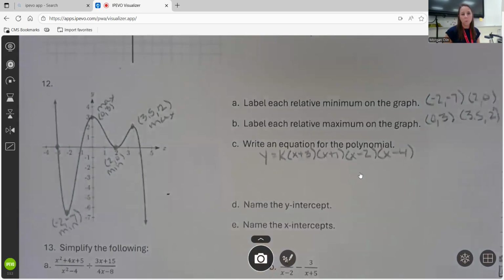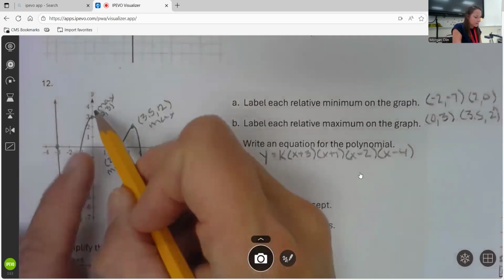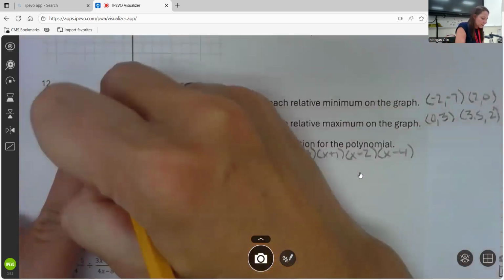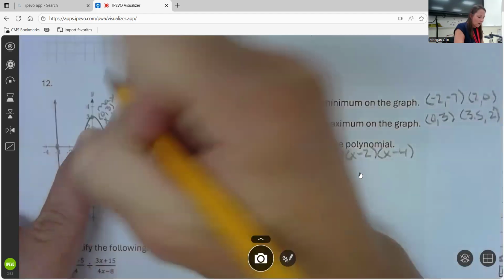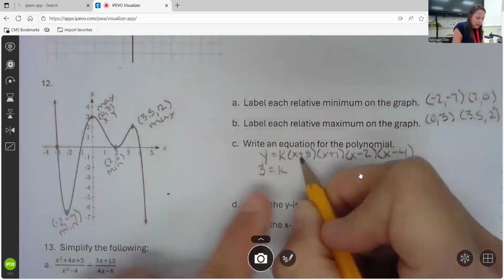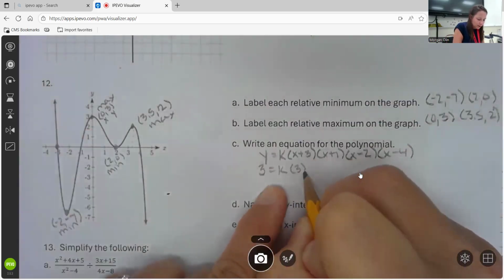So we use another point that is not an x-intercept. And you can use any of these maximums. A lot of times the y-intercept, as long as it's not 0, 0, is a great one to use. So that's what I'm going to use. I'm going to use 0, 3. So x is 0, y is 3. So that's what I'm going to plug in. When I plug in x is 0, I'm just left with 3 right there.